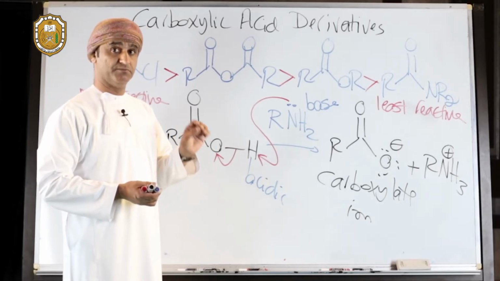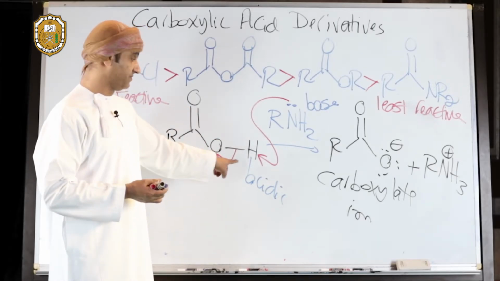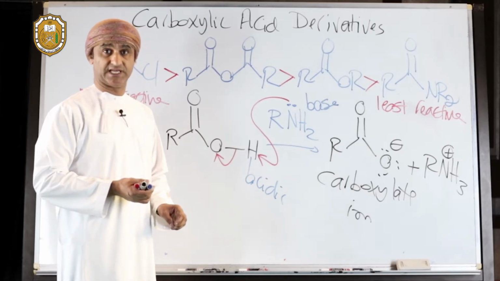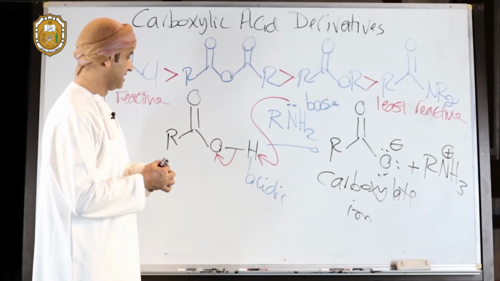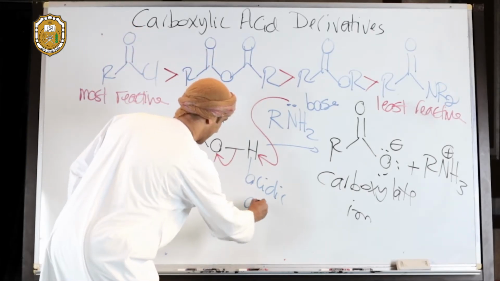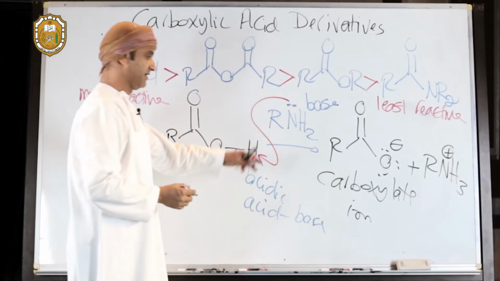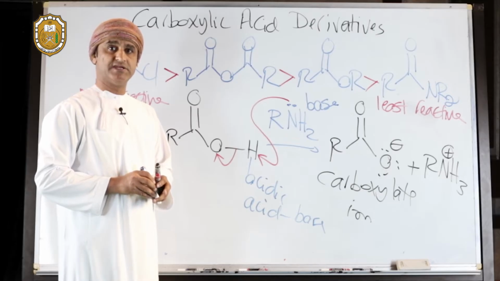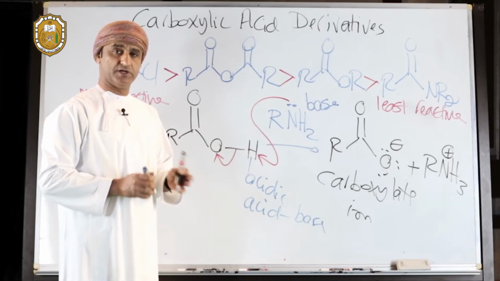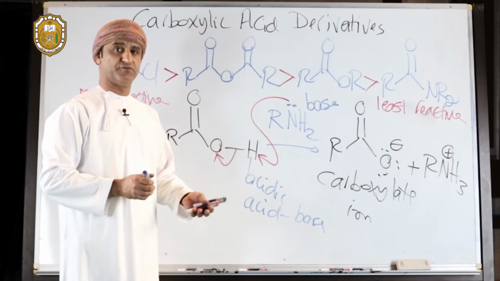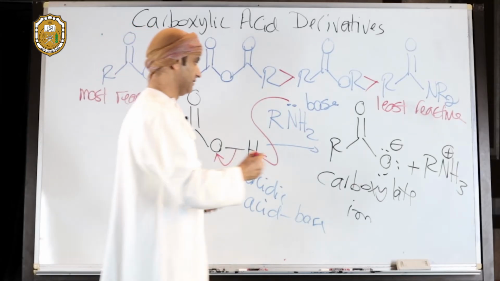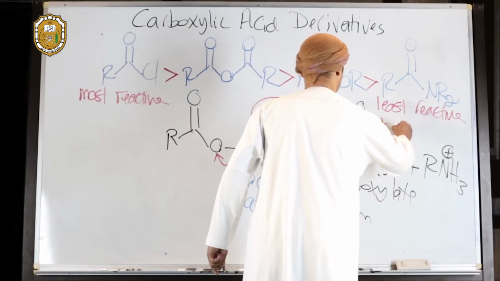The amine, being a base, will take off this proton from carboxylic acids in an acid-base reaction. So this is exactly what happens, an acid-base reaction, giving the carboxylate ion, rendering them not electrophilic anymore, and therefore not reactive in nucleophilic acyl substitution reactions.